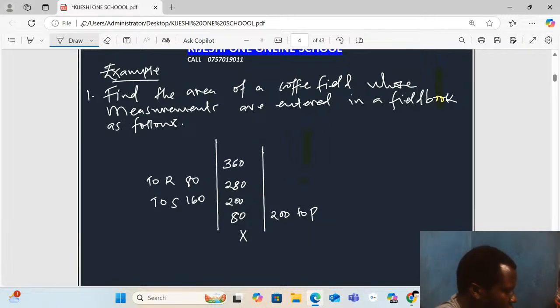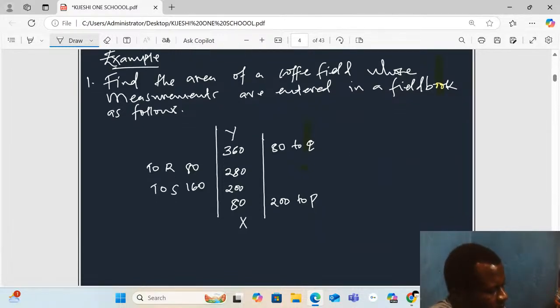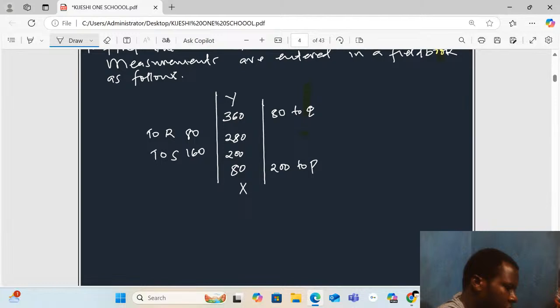Then you move to the right 80 to get to point Q. So this is finally point Y, 360.